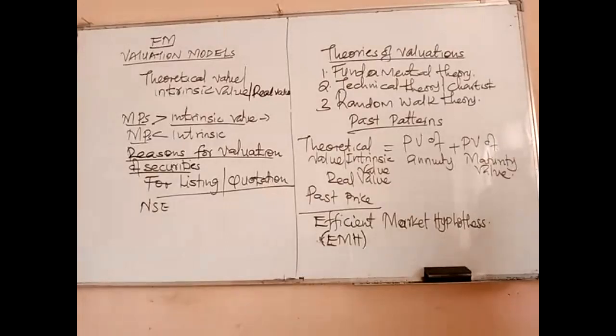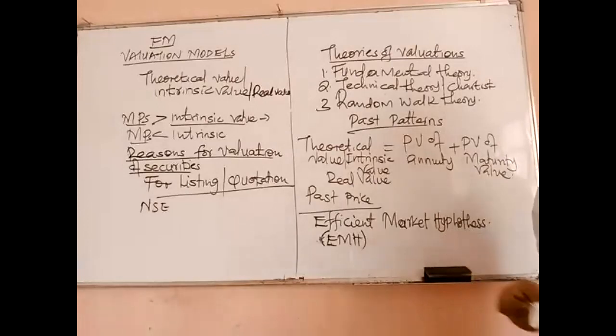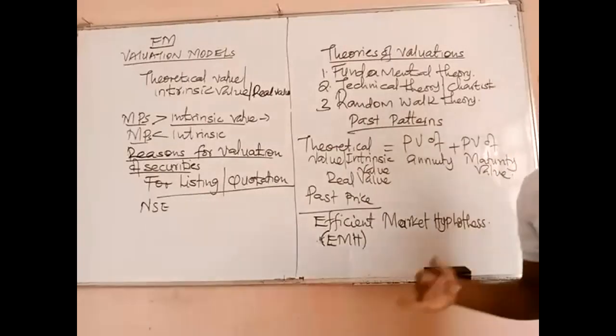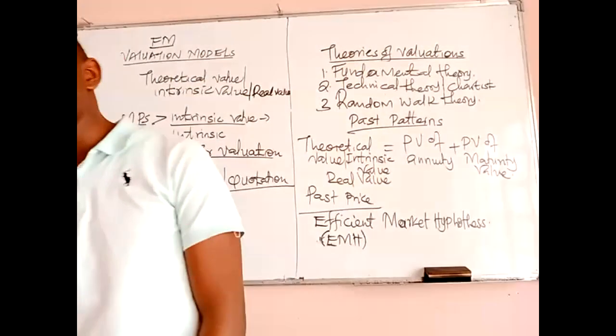May 2017, the question was also there, question 5B: summarize the assumptions of the efficient market hypothesis. Assumptions, features, characteristics, they are one and the same.